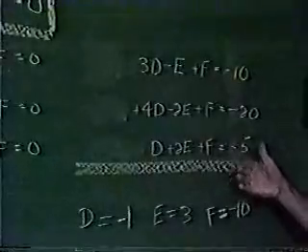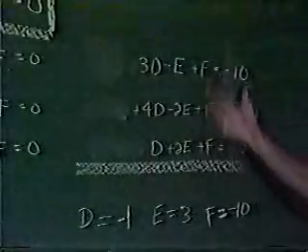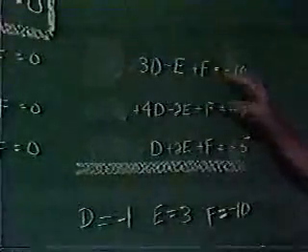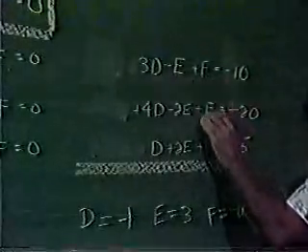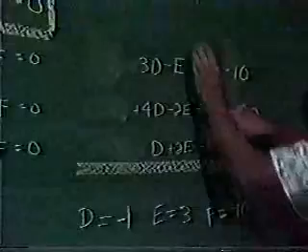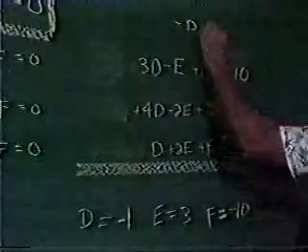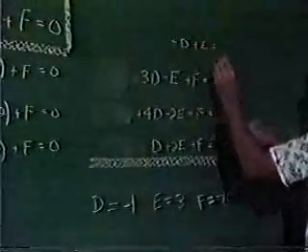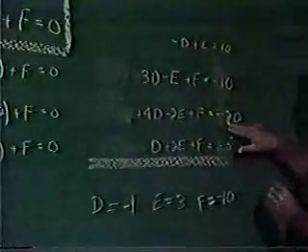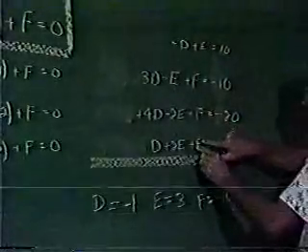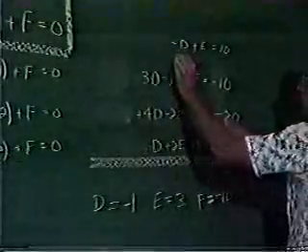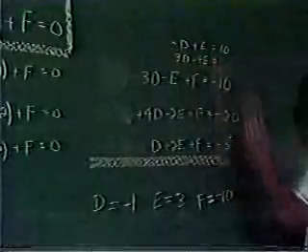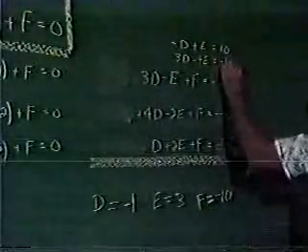Solve. However you want, if you want to use determinants, do so. The easiest way on this is just to subtract this one from this one. Subtracting this one from this, we get minus d plus e is equal to 10. Now subtracting this one from this one, we get 3d minus 4e is equal to minus 15.